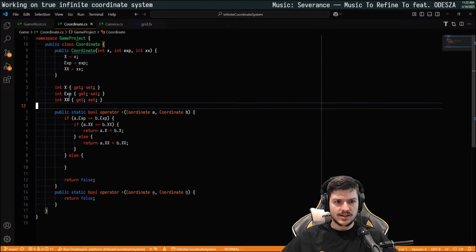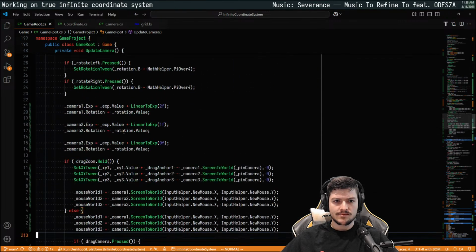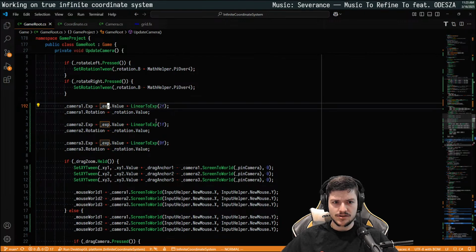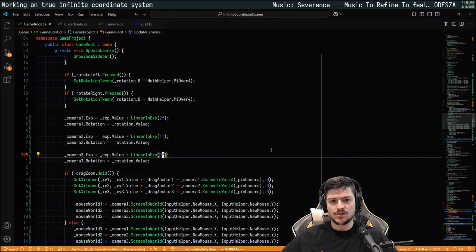And then the coordinate here, those are whole numbers, integers. Okay. The thing that matters is here. Exponent value. 210.